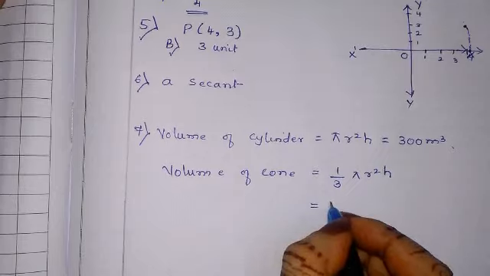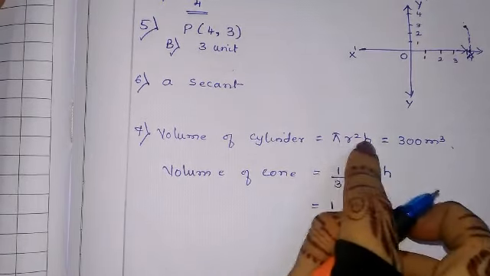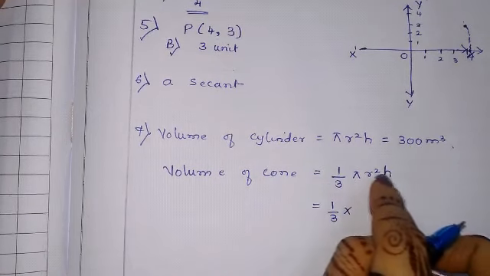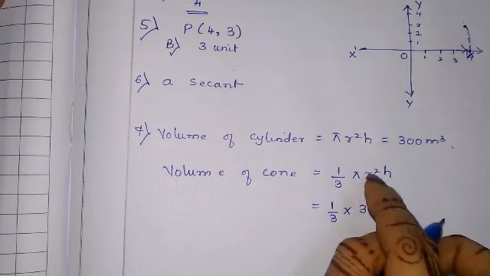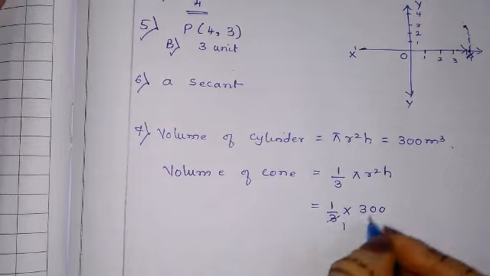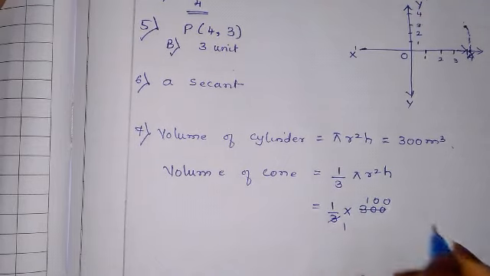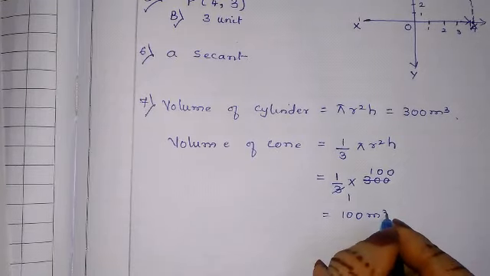So 1 by 3 I will keep as it is. Now pi r square h is the cylinder's value, which is 300. In place of pi r square h, we write 300. So 3 ones are 3, 3 hundreds are 300. So the answer is 100 meter cube.